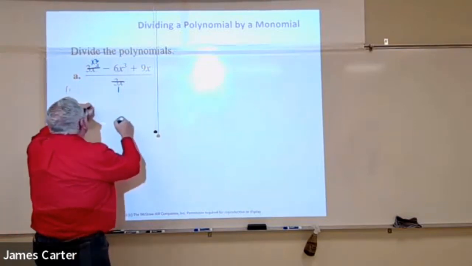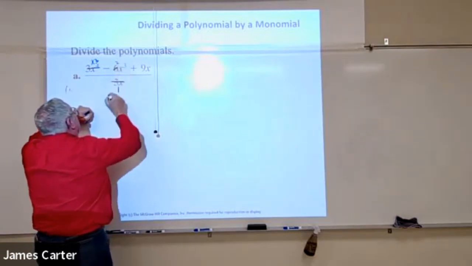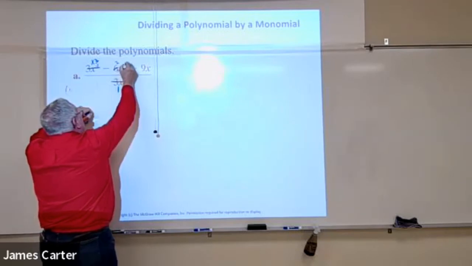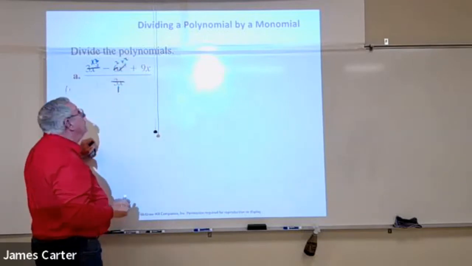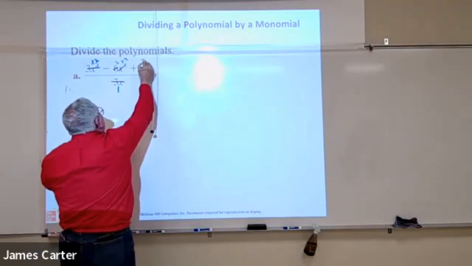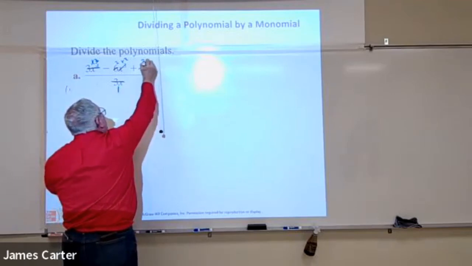Okay, here, the 3 goes into 6 2 times, and the x goes into the x cubed x squared times. And this one, the 3 goes into the 9 3 times, and the x goes into the x 1 time.